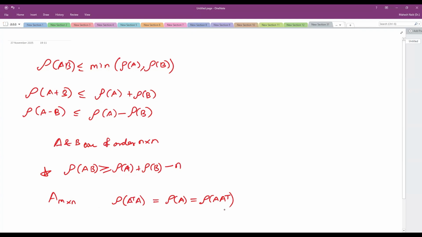Okay, so this would be helpful when solving some of the problems which involve rank. Let me just look at a problem that we can solve on the basis of this information.